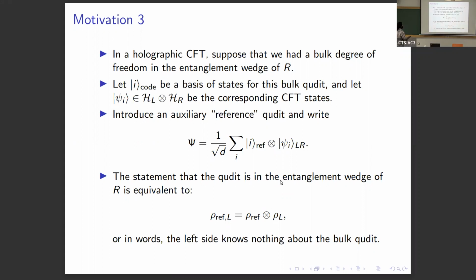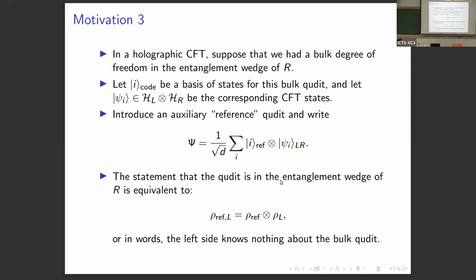So for now, let me define psi as this maximally mixed state between this reference, which is some auxiliary system isomorphic, of course, to the code subspace, and the holographic CFT. It's a d-dimensional Hilbert space. It doesn't matter. We can take it to be a qubit. I'm not sure. Let's take it to be a qubit.